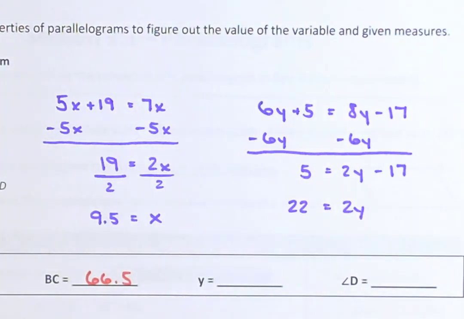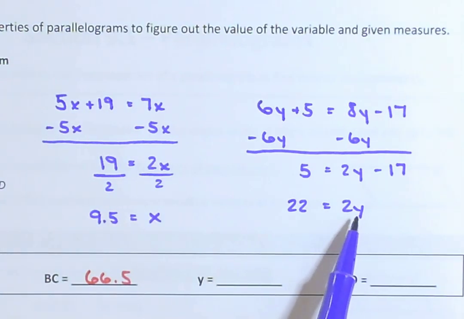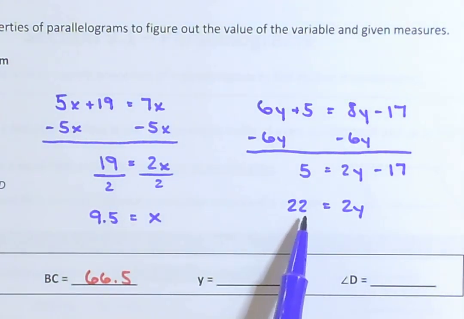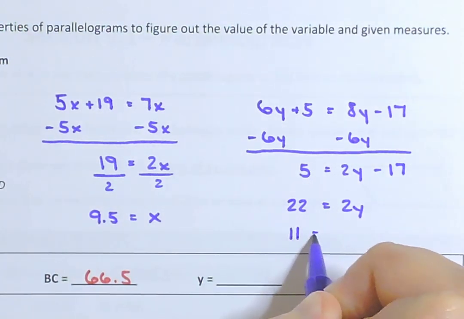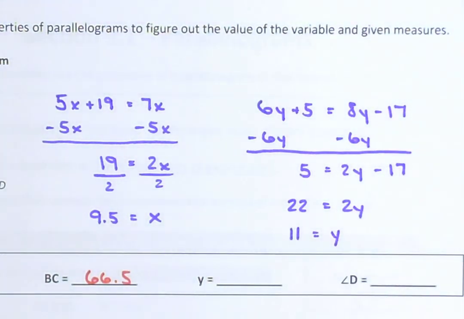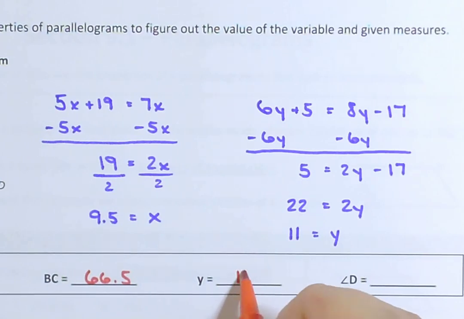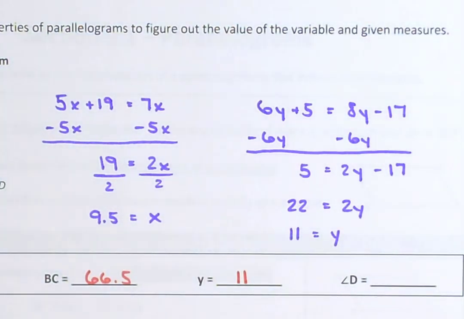And then like usual, our final step is going to be division. So I'm going to divide the 2 off of the y. So 22 divided by 2 is going to give me 11. So in this case, I get y to equal 11. And then I can use that value of y to help me figure out the measure of angle D. So angle D was the 8y minus 17.